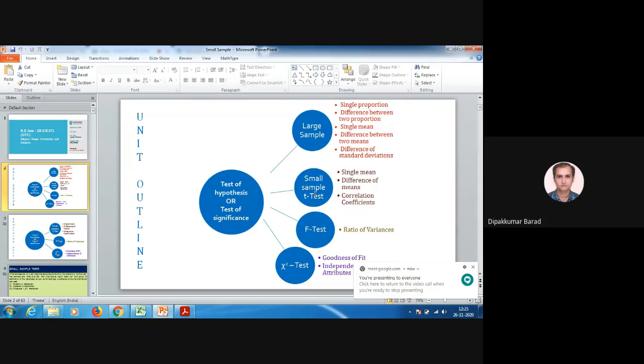Now small samples. In small samples we have three different tests: t-test, F-test, and chi-square test. Small sample means your sample size n is less than or equal to 30. We discuss tests of significance for single mean, difference of means, and correlation coefficient.